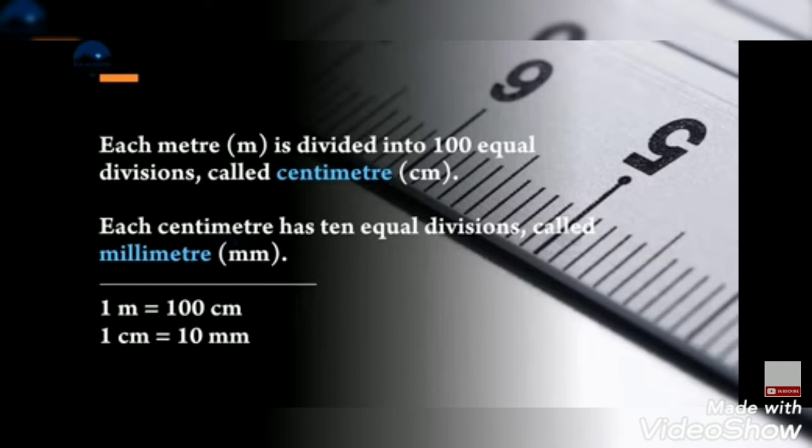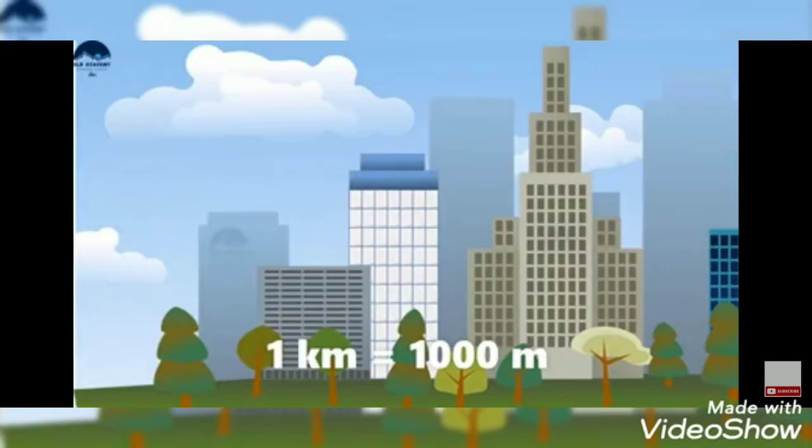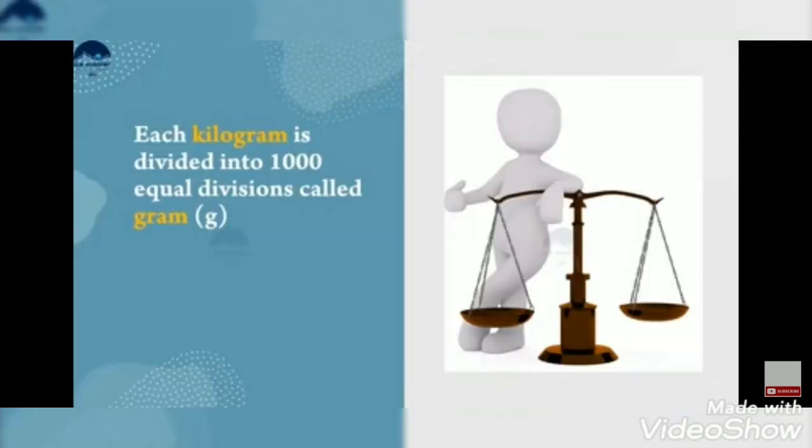Then each centimeter is further divided into equal divisions, called millimeters. So 1 meter is equal to 100 centimeters, and 1 centimeter is equal to 10 millimeters. 1 kilometer is equal to 1000 meters. A kilometer is a higher unit than the meter, but the SI unit is the meter. We use kilometers when we are measuring a larger distance.